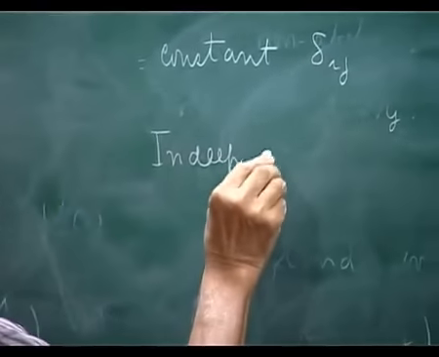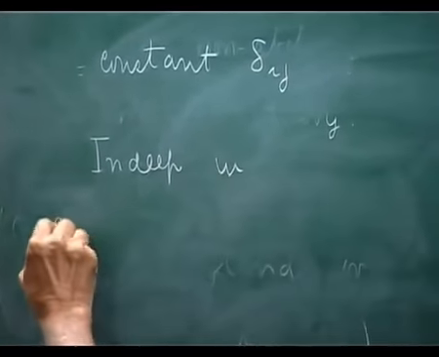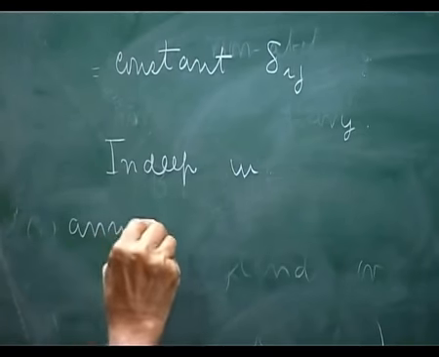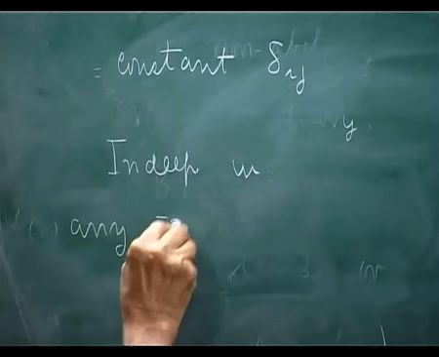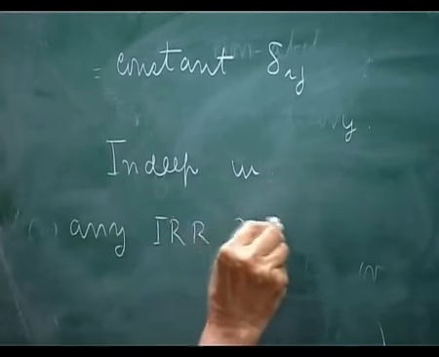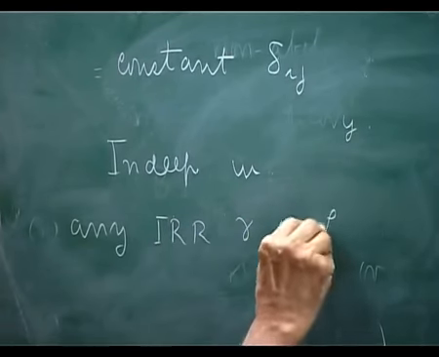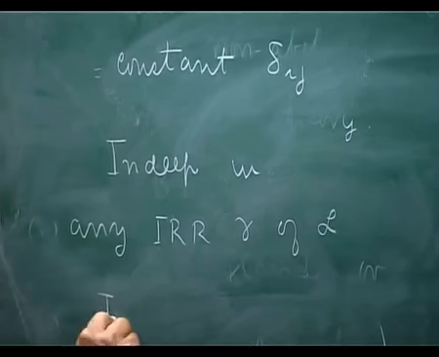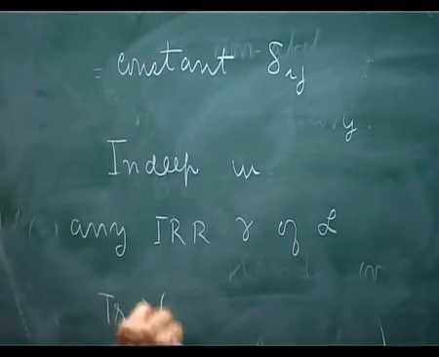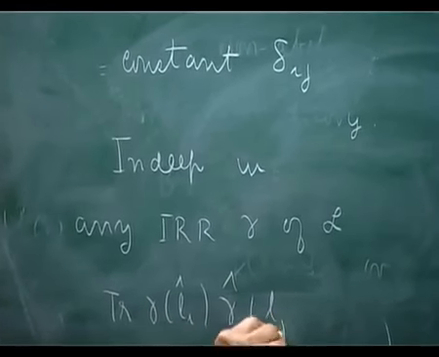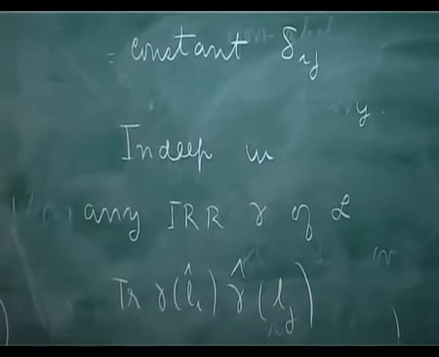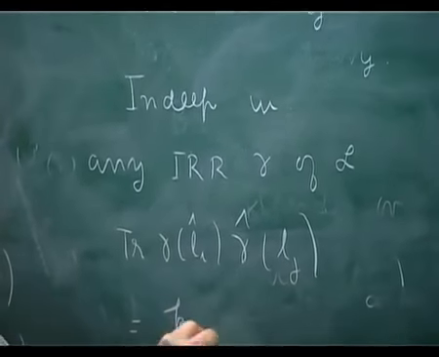In any irrep gamma of L, the trace of gamma(L-hat_i) gamma(L-hat_j) is equal to k_gamma times delta_ij.